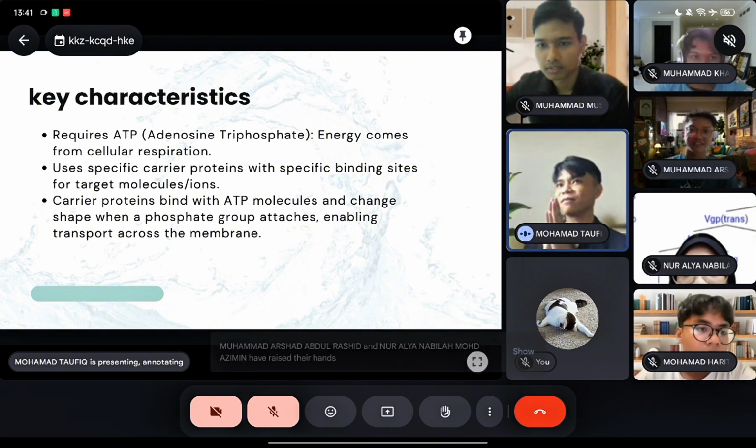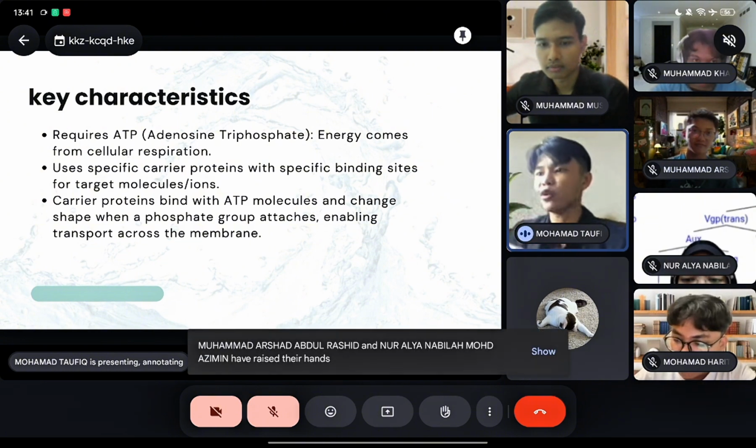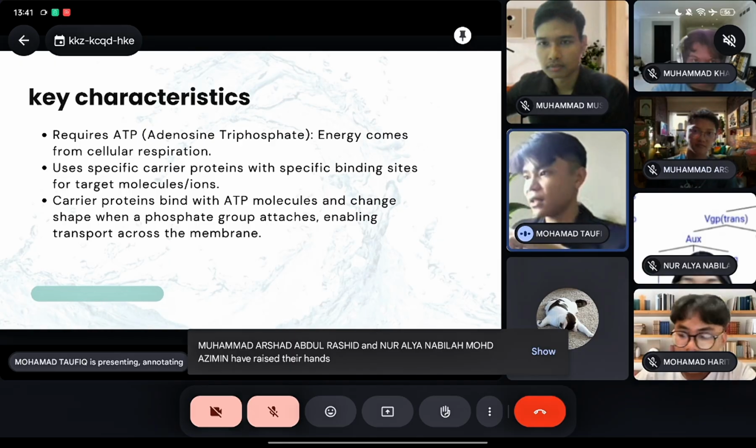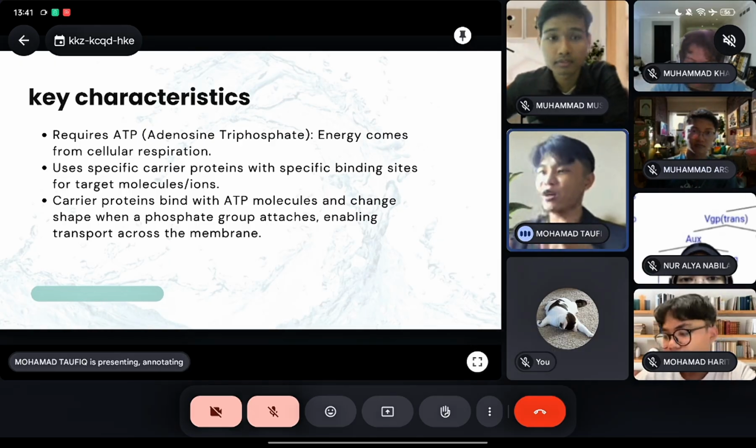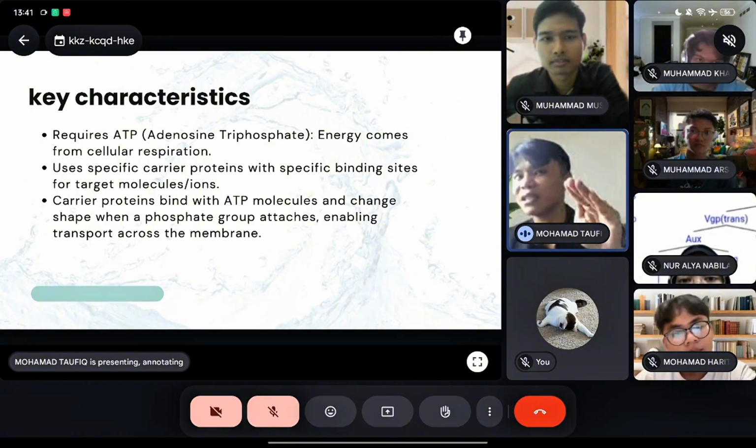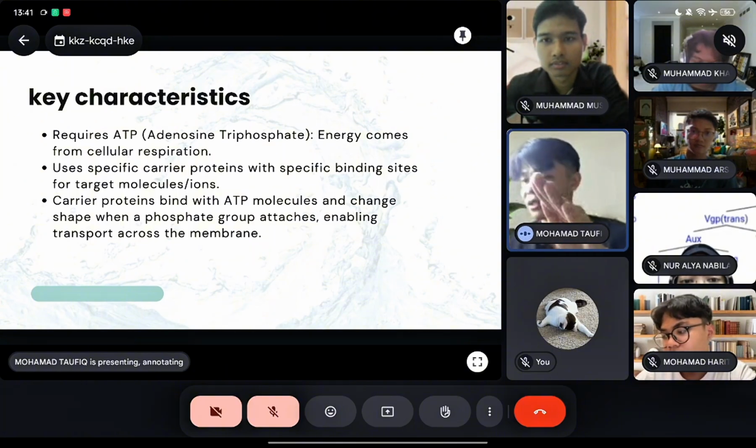Now, from the Rapid bus, you know that you have to have the specific card with credit. Imagine the bus is the specific carrier protein.